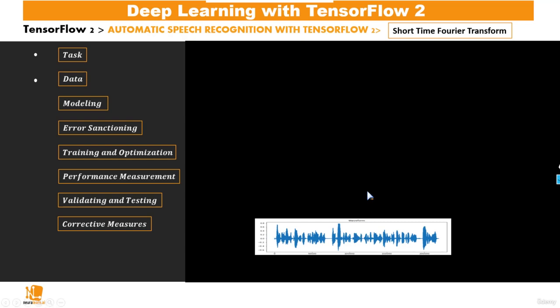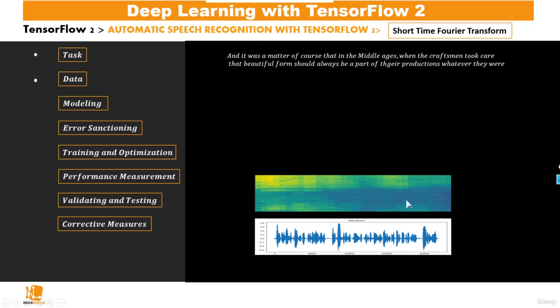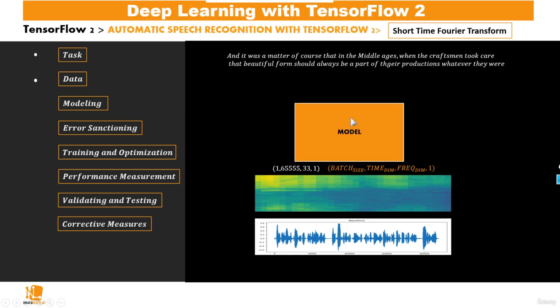Supposing we have this input and then we have this as output. After obtaining the spectrogram, this is what we have: a tensor of dimension batch size by the time dimension by the frequency by 1. Now once we pass this through our model, we obtain an output which is meant to be of dimension batch size by maximum transcriptions.